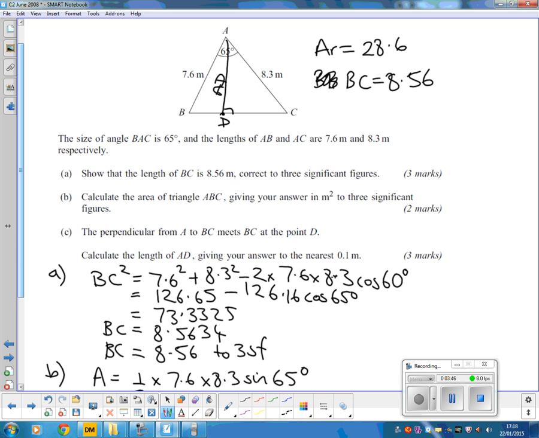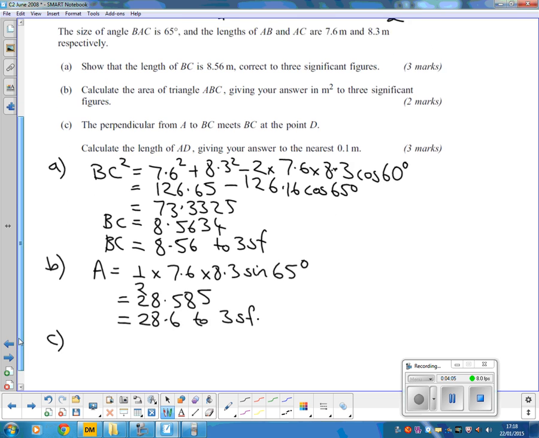So maybe we could use these two things, because we also know that you did at GCSE or pre-GCSE that the area of a triangle can also be half base times height, and BC is the base and AD is the height. So we can put all these facts together and work out what AD is.